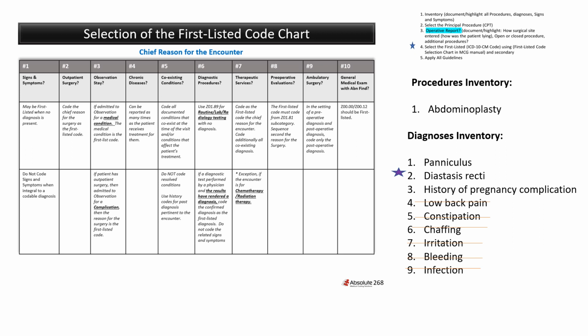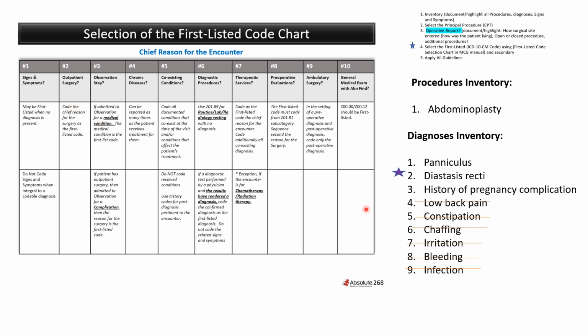And now we have to determine what is your first listed code. If we go to number 2, outpatient surgery, and we're going to assume this is outpatient, there's no indicator that this patient was admitted. So this is outpatient surgery. It says code the chief reason for the surgery as the first listed code.